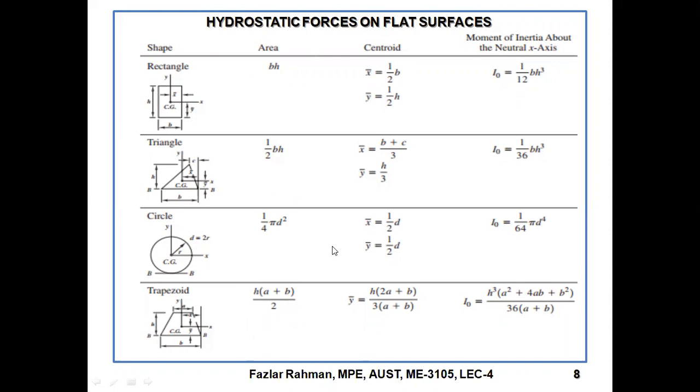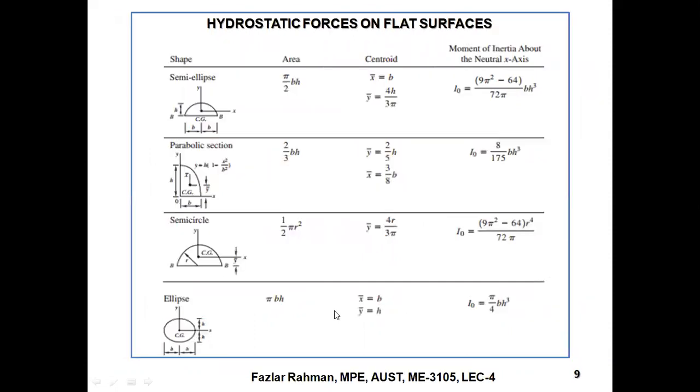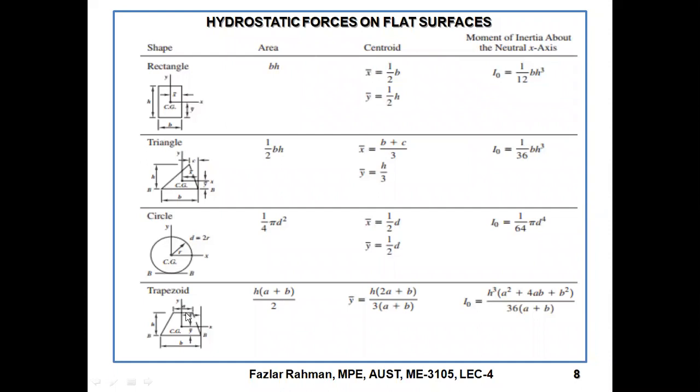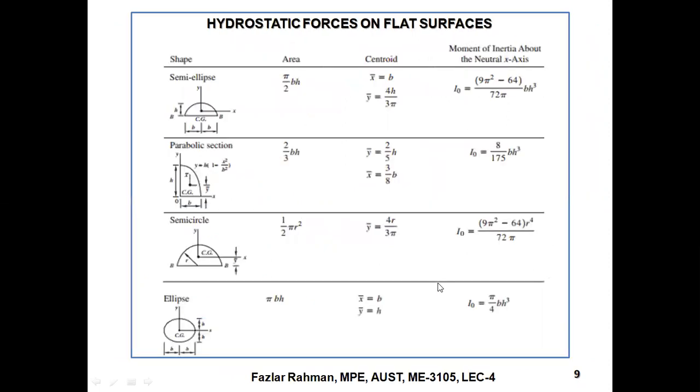But in our case, what is the difference? The figure given over here has the smaller side at the top, right? But in our case, the smaller side is at the bottom. That is the only difference. Otherwise this will be a, this will be b, and the height is 2 meters as given. Easily you can figure out the area.